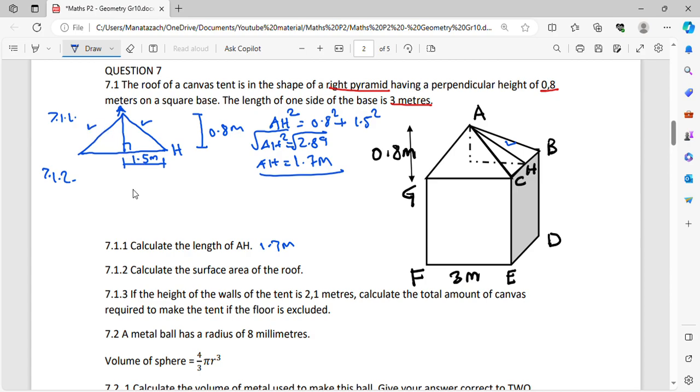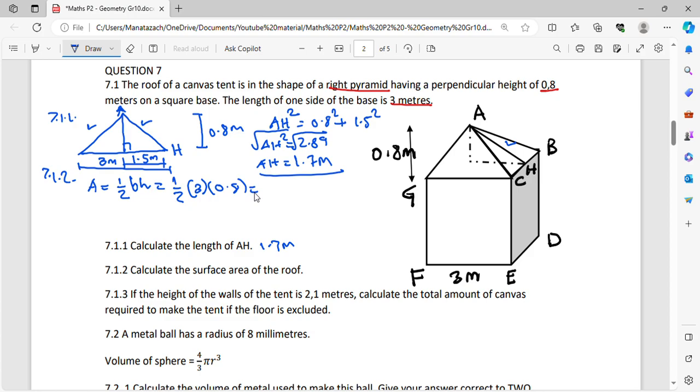So to work out the surface area, let's first calculate the area of this particular triangle. The area of a triangle is half base times height. Here is half, and then the base, remember, is going to be the entire length, which is 3 meters. So the base is 3 meters, and then the height is 0.8.